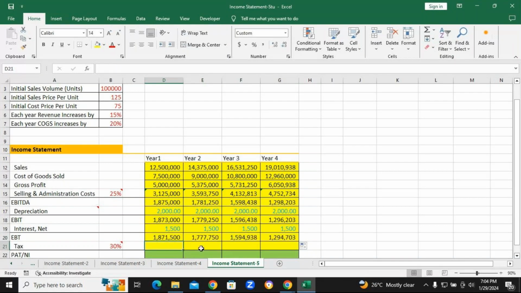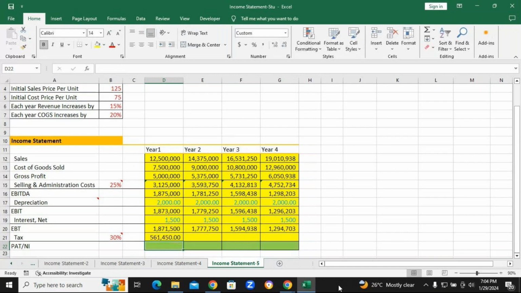Tax is on EBT, earnings before tax, equals 18,71,500 into 30%. So this is my tax. I'll drag it.